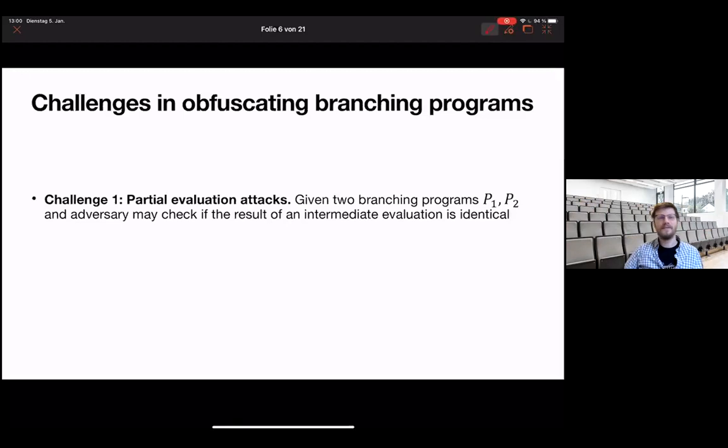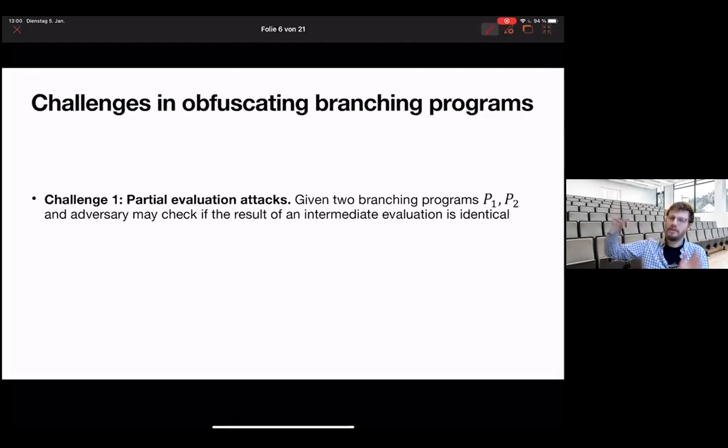Intuitively, an obfuscator, particularly an indistinguishability obfuscator, should hide intermediate results. If from an obfuscated program you can recover intermediate evaluation results, this typically leaks something about the obfuscated circuit. So that's not good.